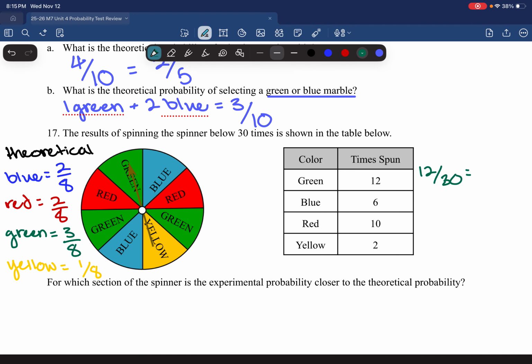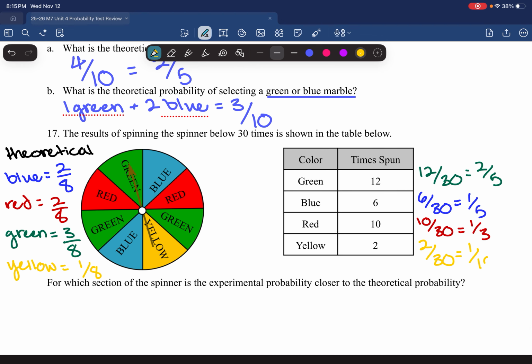So that gives me 2/5. My 5s are really horrible. All right, so blue, that gives me 6/30, which is 1/5. Red is 10/30, which is 1/3. And then yellow is 2/30, which gives me 1/15.